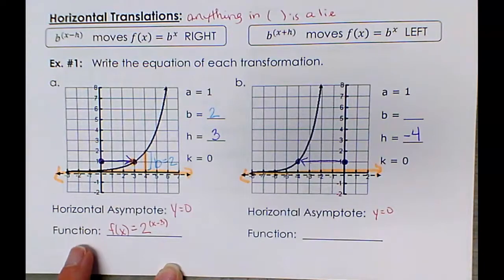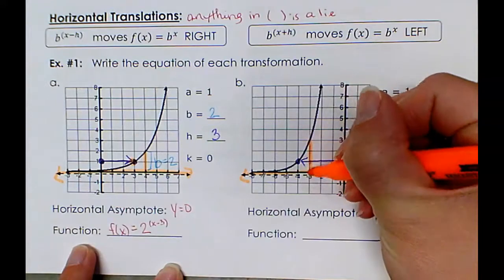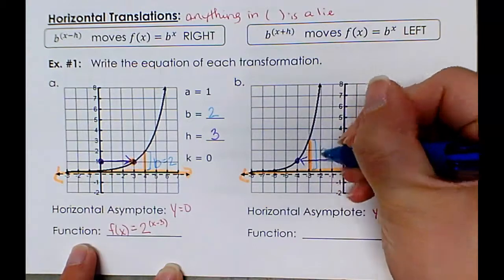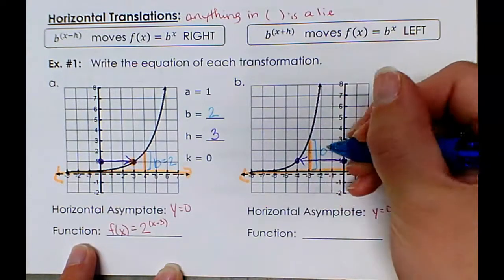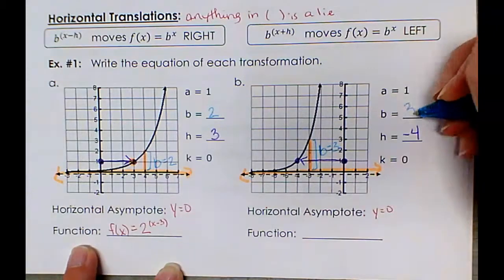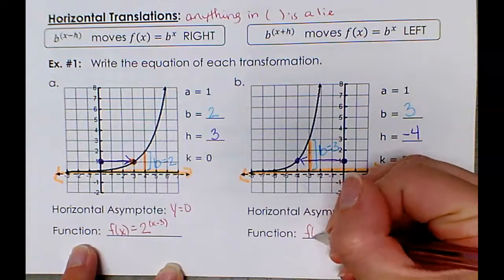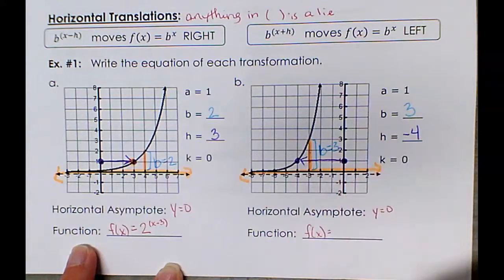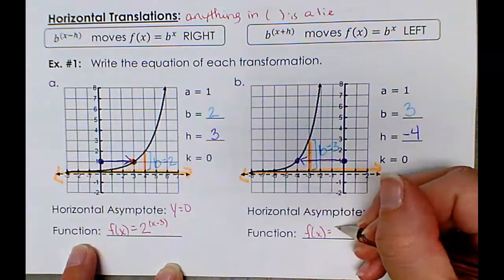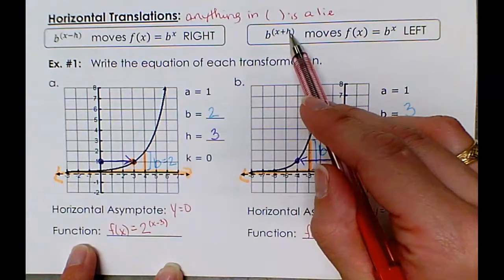And then if I go 1 over and I figure out this distance right here, that's going to be my b value. So it looks like b is 1, 2, 3. So when I write the function, I have f of x equals my base, which is 3, raised to the power of x plus h.